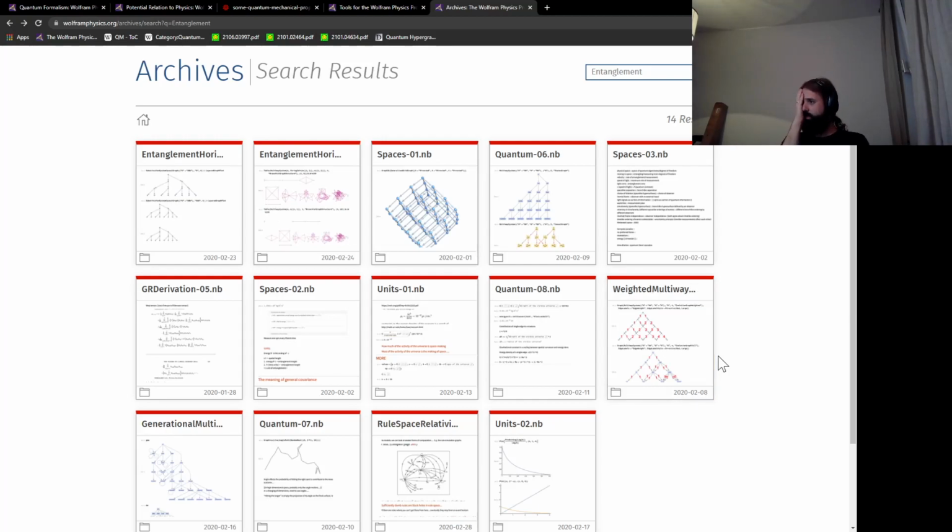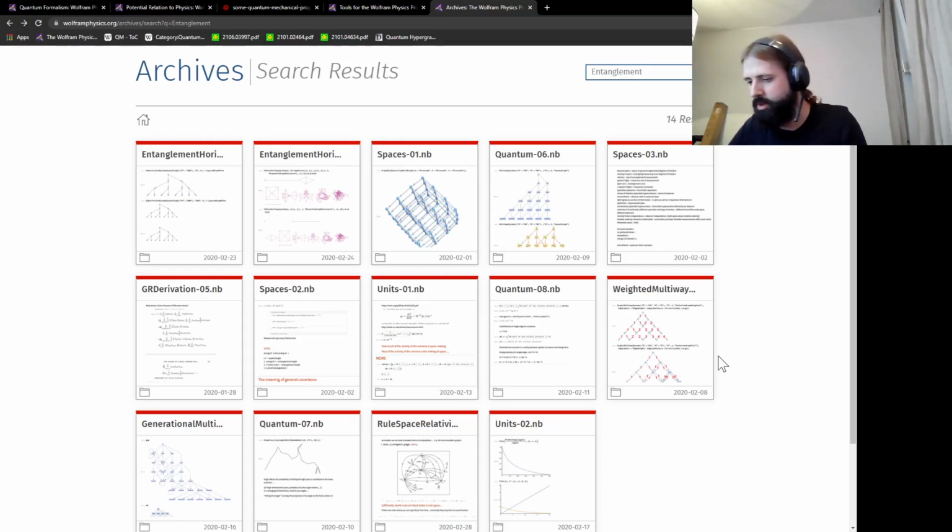To be honest, I still think that's not the way that I expected entanglement to be modeled in here.